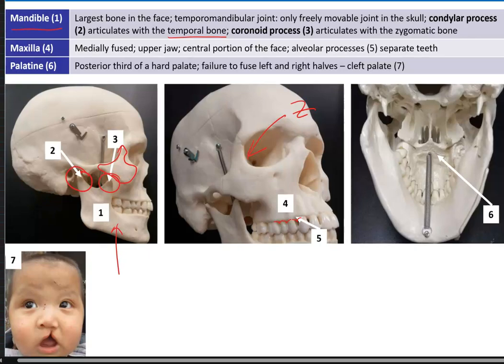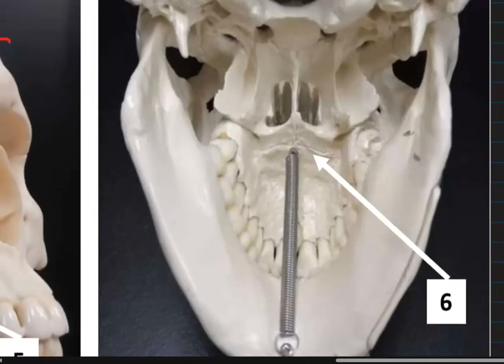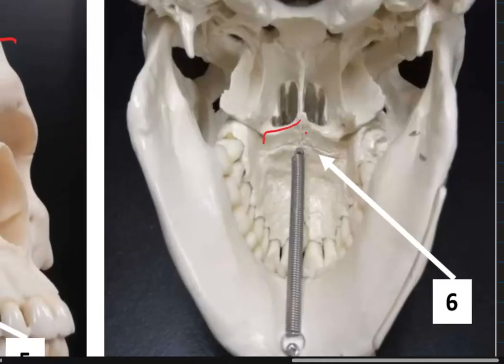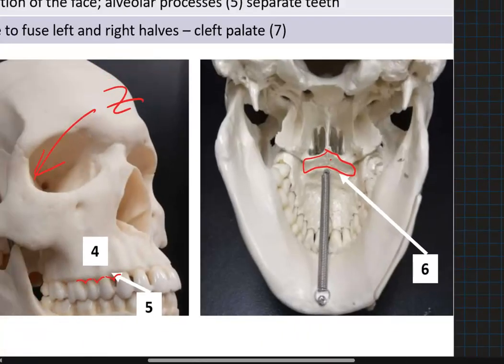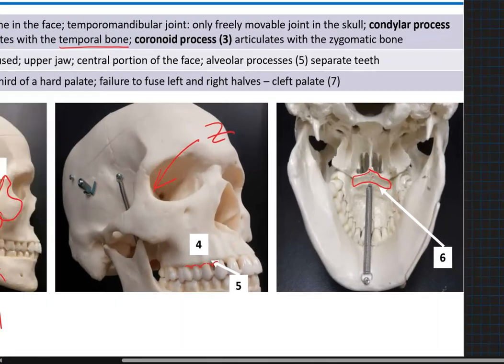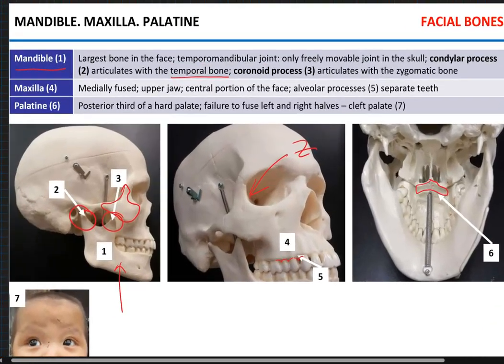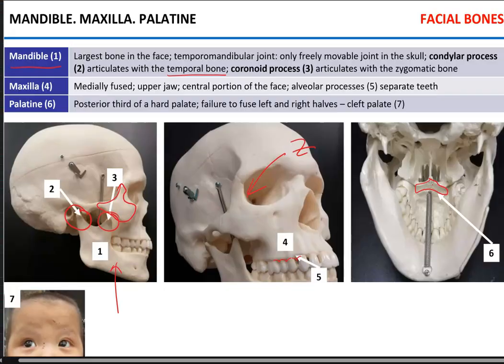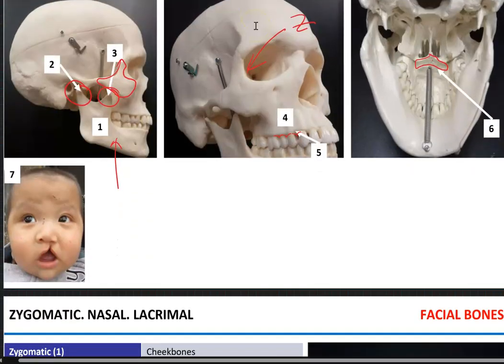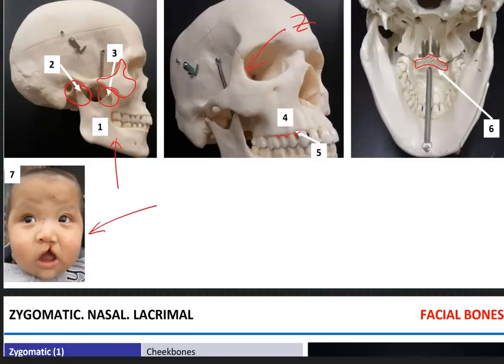The palatine bone, which can be seen here, forms the posterior portion of the hard palate, also medially fused, and when the fusion fails to complete, usually in utero, the child develops what is known as a cleft palate.